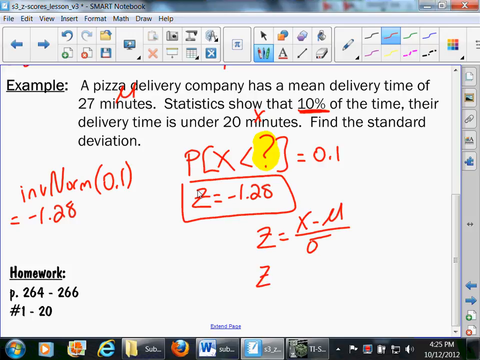Our x value is 20, that's given. Our mean is 27, that's given. And we don't know the standard deviation, but we do know that the z-score is negative 1.28.